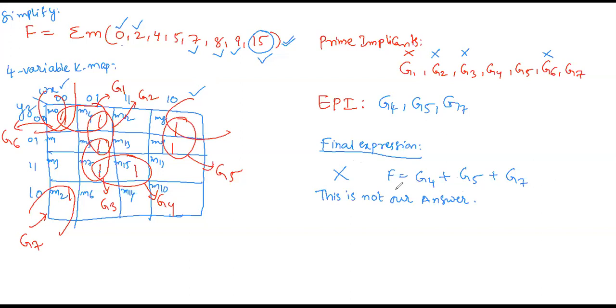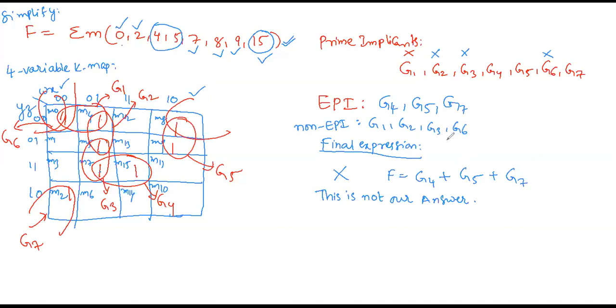Our answer should cover all the minterms in the given expression. So what are remaining? 4 and 5 are remaining. So here essential prime implicants are G4, G5, G7. Non-essential prime implicants are G1, G2, G3, G6.